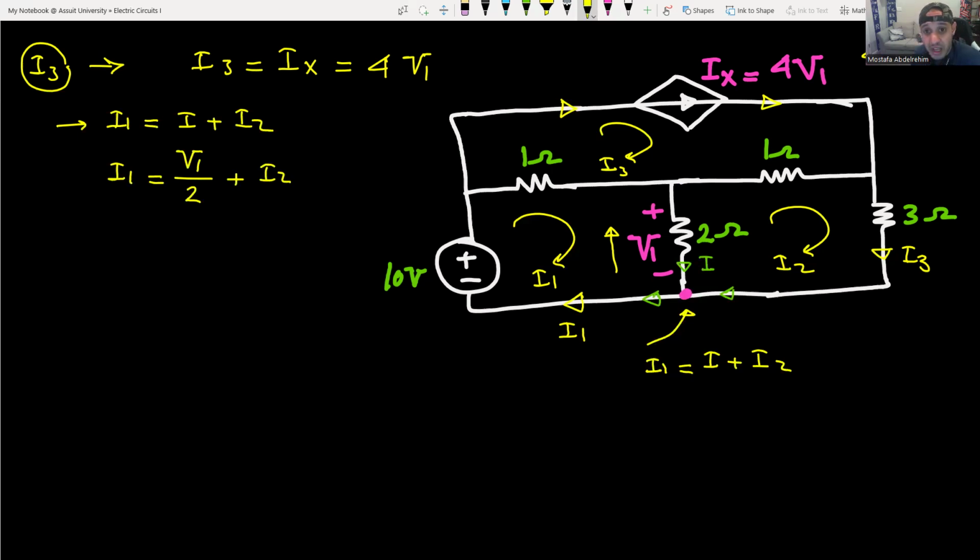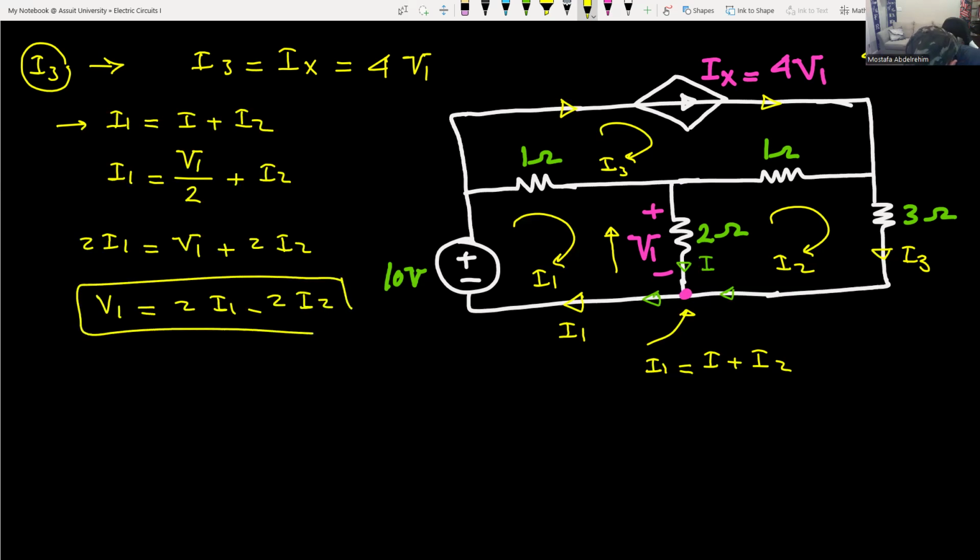So let's multiply both sides by 2. So 2I1 equal to V1 plus 2I2. So V1 is equal to 2I1 minus 2I2. This is very important, because now we can write I3 in terms of I1 and I2.